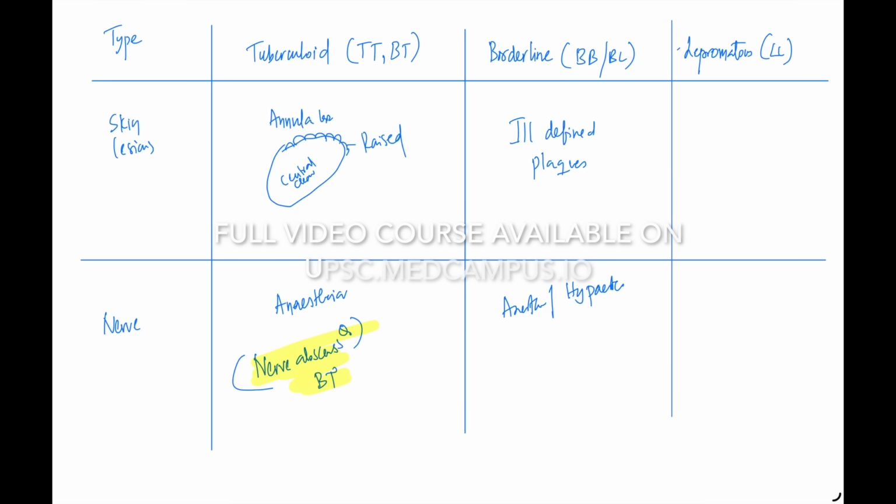Next, lepromatous leprosy is important because these have multiple nodule-like lesions. You'll see plaques, but mainly nodules, and these nodules are more on the face, giving the appearance of leonine facies, lion-like face, classical of lepromatous leprosy. And you will see hyperesthesia here.